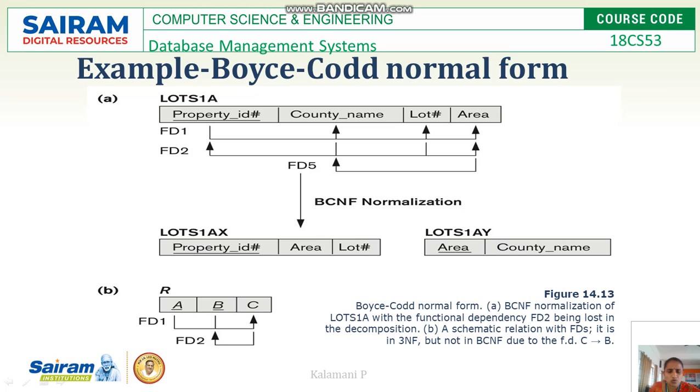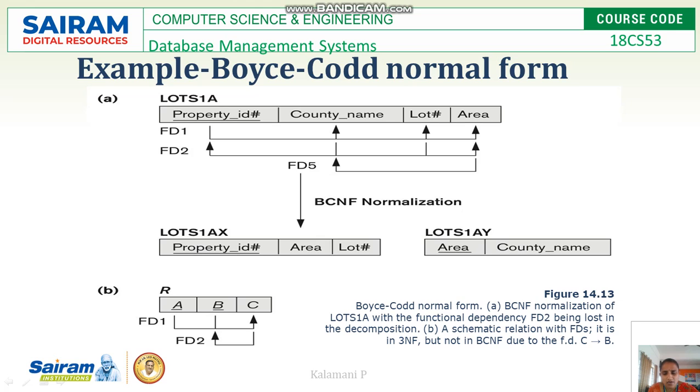Here only the property ID is the super key; the other things are not super keys. But the non-super key country name and lot number define the area and property ID. Area defines country name also, and area is not a super key. So this violates the BCNF condition.